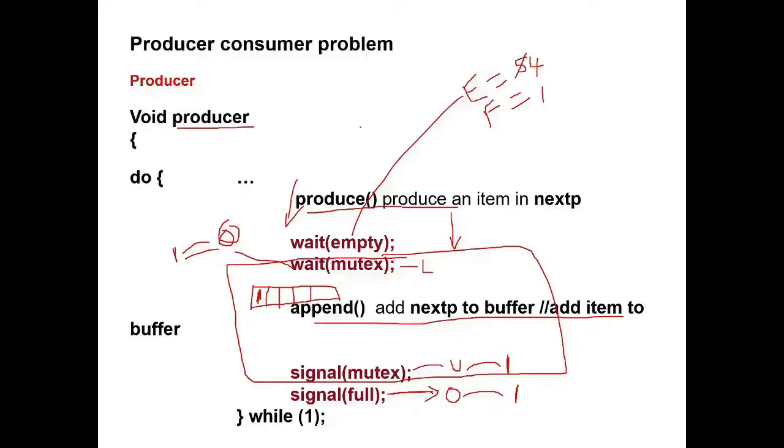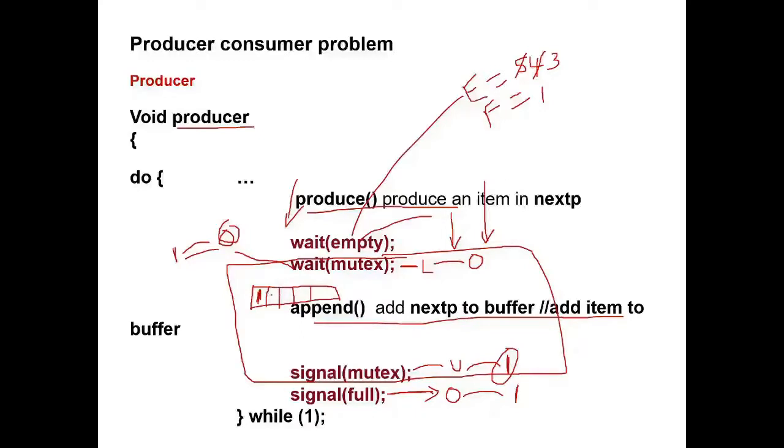Now suppose one more time the producer wants to enter into the critical section. The producer enters the loop and executes the wait operation. Earlier the empty value was 4. After decrementing, it becomes 3. And then it executes the wait operation of mutex. Earlier it was 1. Now it is going to acquire the lock and decrement the value of mutex from 1 to 0.